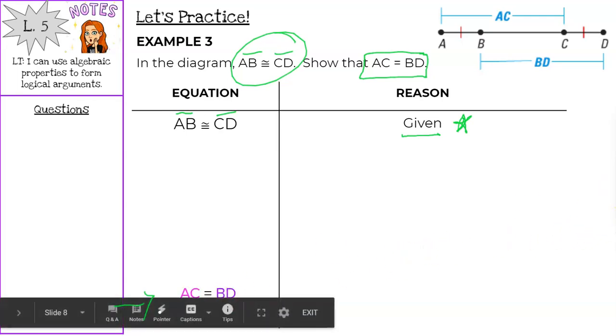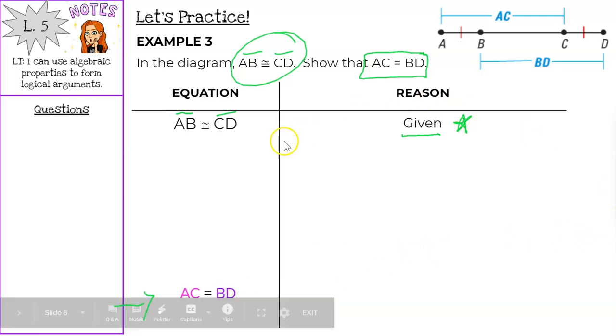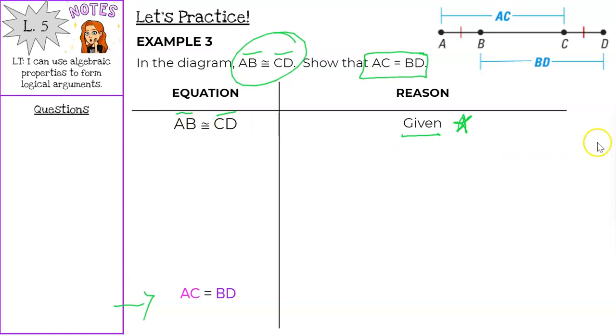So to get there, we have to change our congruency symbol to an equality symbol, which means we just state that AB equals CD. And the reason why is the definition of congruent. Congruent means they have the same measure. So we know that the measure of AB equals the measure of CD.